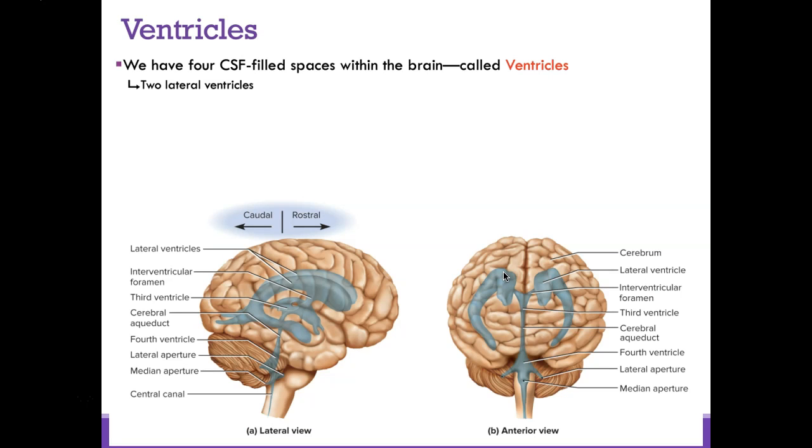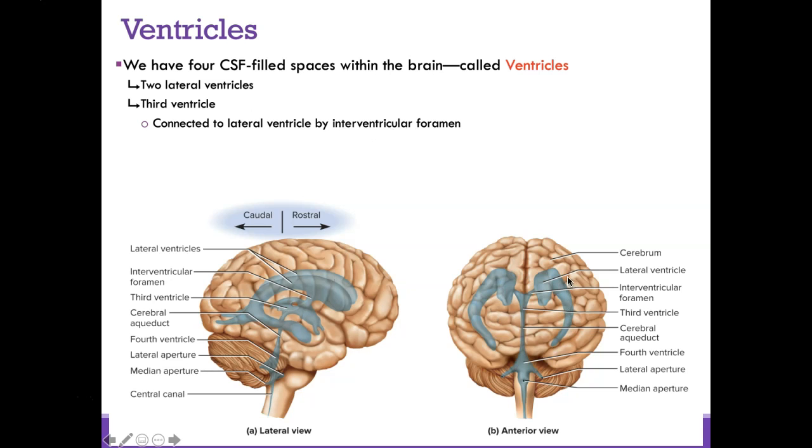So we have 4 spaces within the brain called ventricles that are filled with CSF. Most prominently, we have 2 lateral ventricles, seen here. These 2 lateral ventricles are connected to a third ventricle, and this is connected to the lateral ventricles by the interventricular foramen.